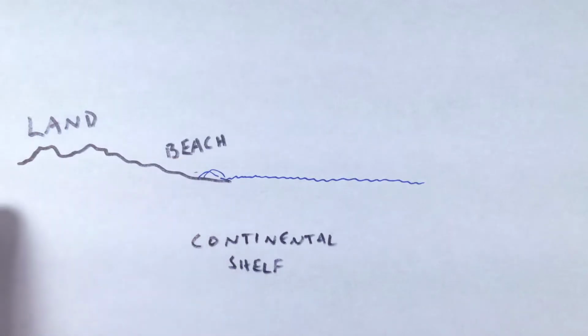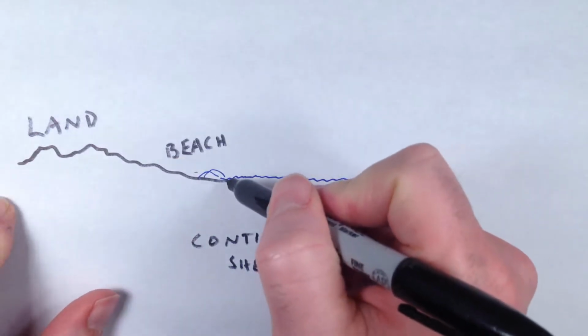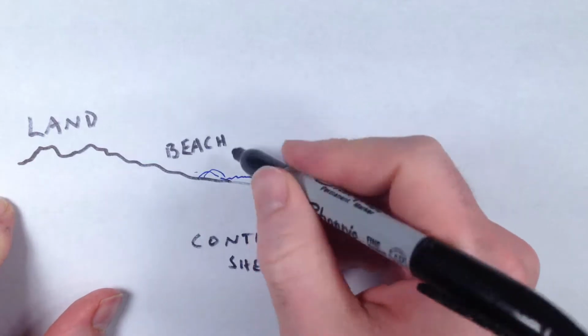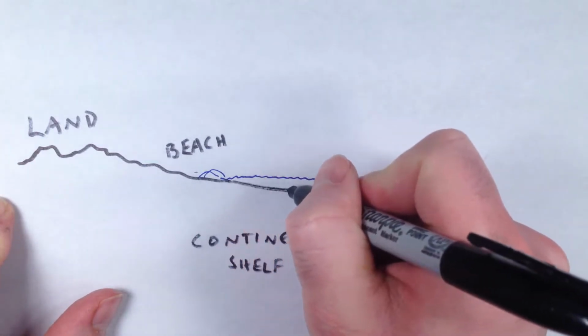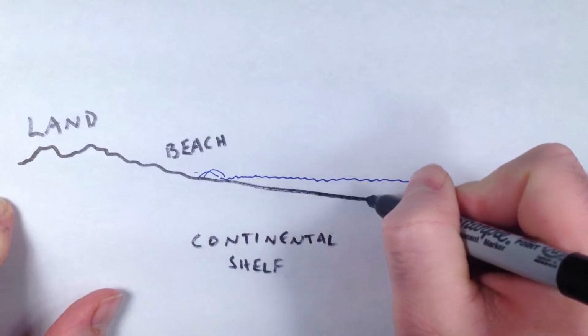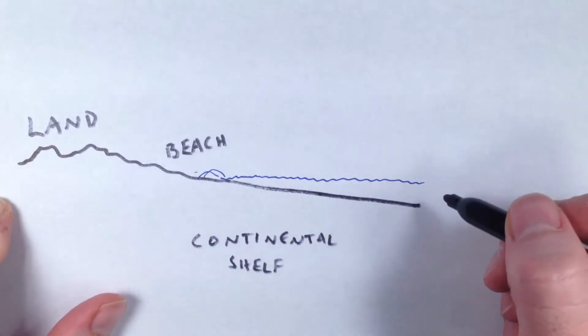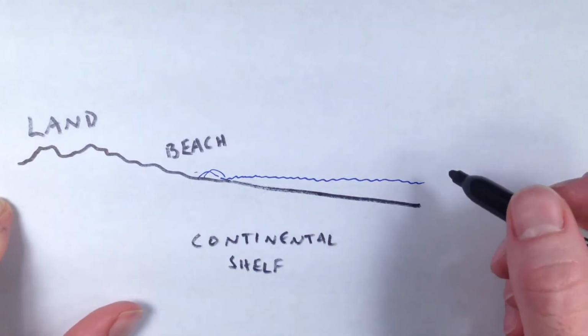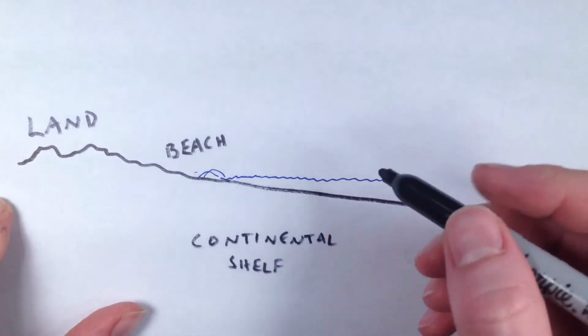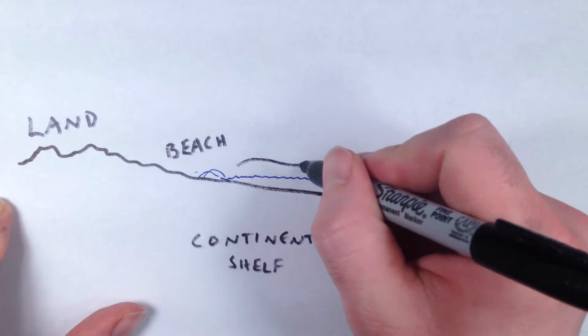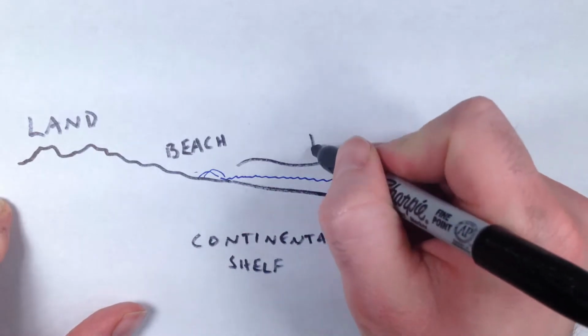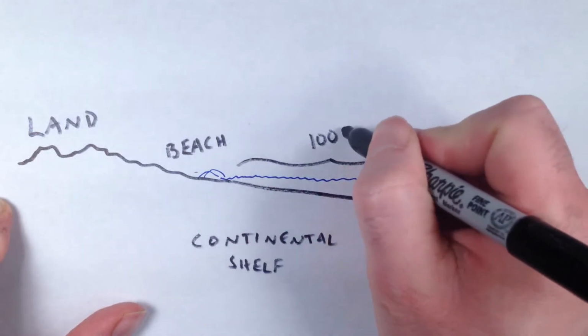So let me just draw in a typical one. Let me just have this gently slope, very gently. It's getting deeper and deeper, but it's still pretty gentle. Okay, so this is our continental shelf. Let's just say it went out like 100 kilometers or so. Just making up a number.